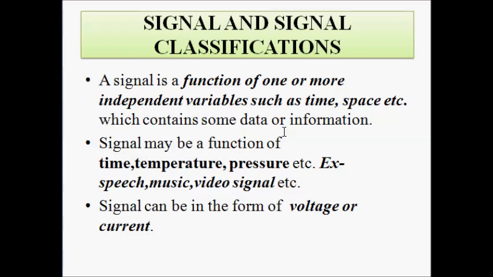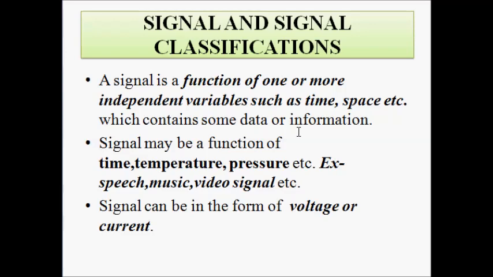Generally we come across signals anywhere in a communication system which are a function of time. It can be time, it can be space, or any other physical quantity such as temperature, pressure, and flow rate.